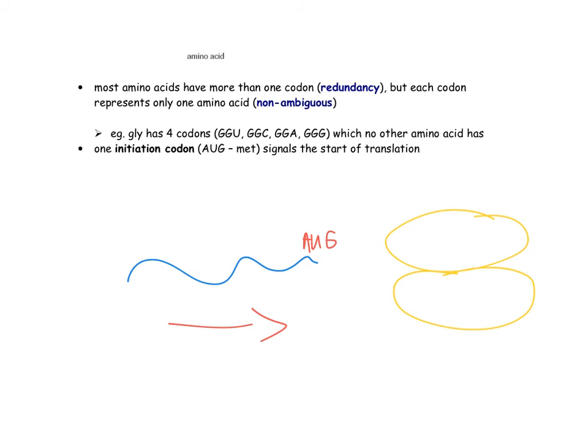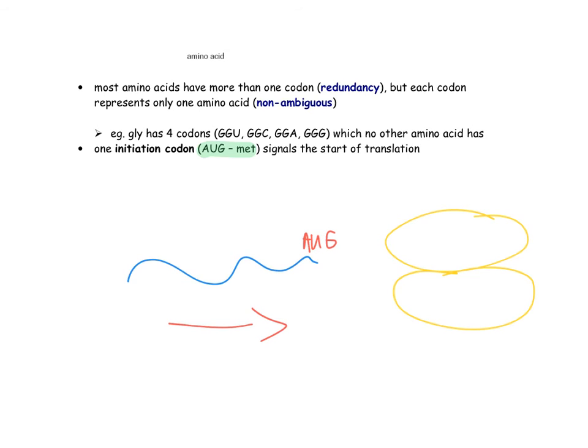And that basically tells the ribosome, okay, let's start translating this transcription into a protein. So it basically signals that translation should start. And it's always, always, always the codon AUG, which always brings in the amino acid methionine, or MET.